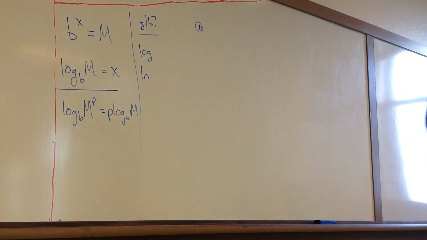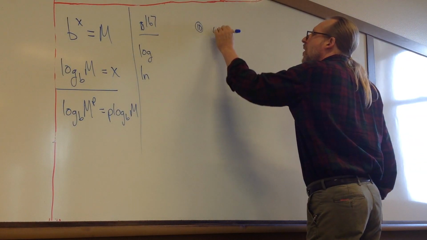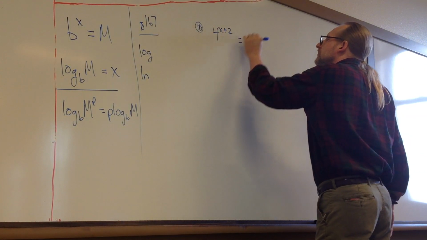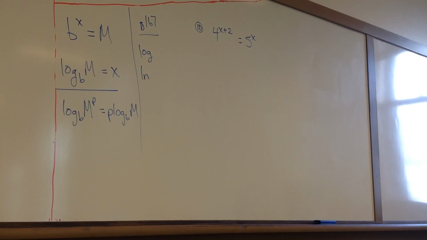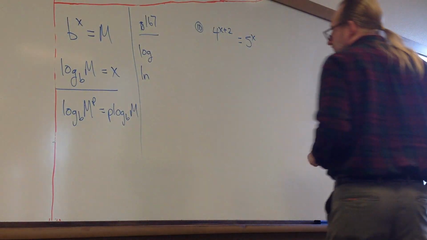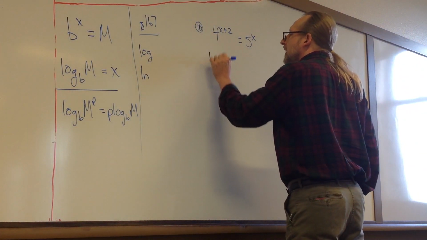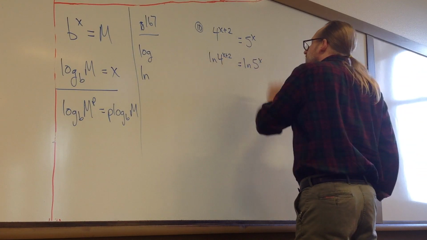All right, so problem 10, 4 to the x plus 2 equals 5 to the x power. Okay, so let's see, I'll use ln in this problem. ln 4 to the x plus 2 equals ln 5 to the x.